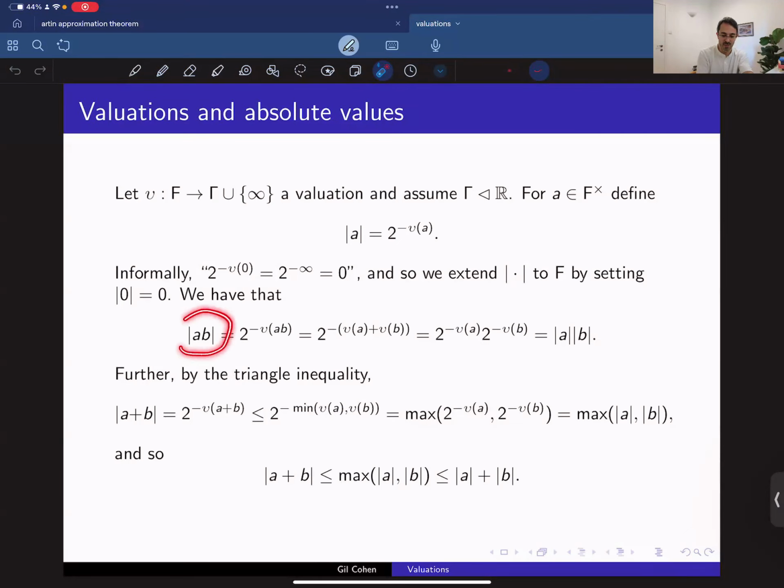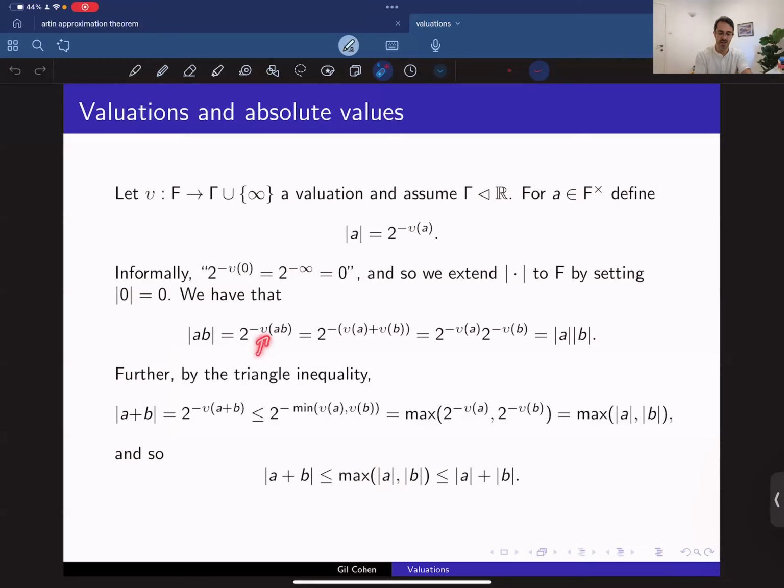So for example, the absolute value, let me just call it absolute value. In a second, we will show it's an absolute value. So the absolute value of the product of A and B, by definition, is 2 to the minus the valuation of their product.